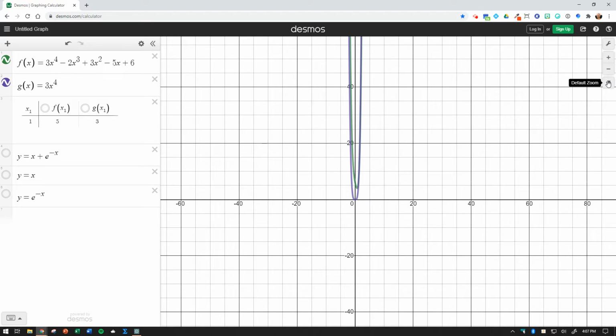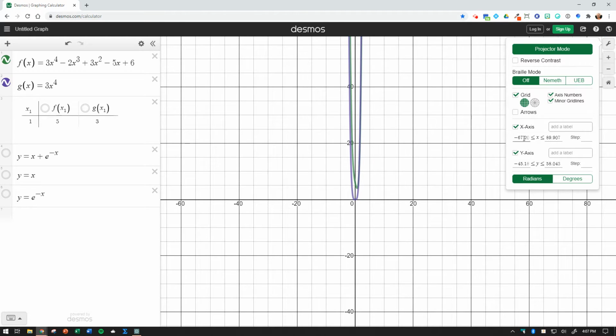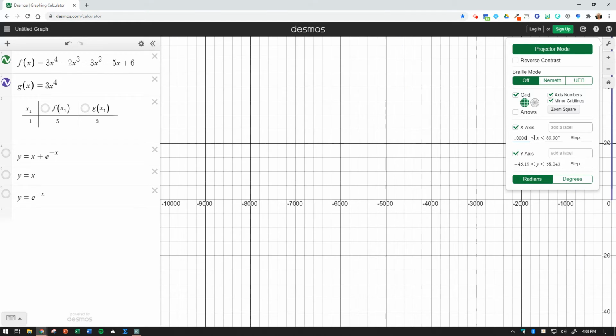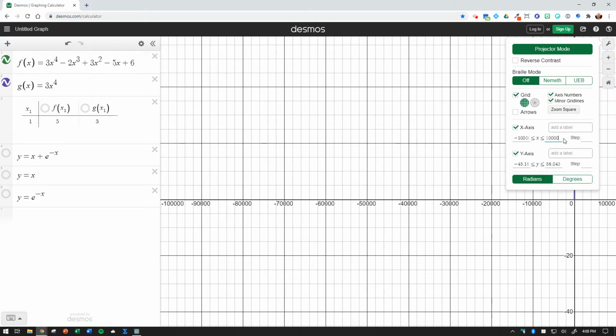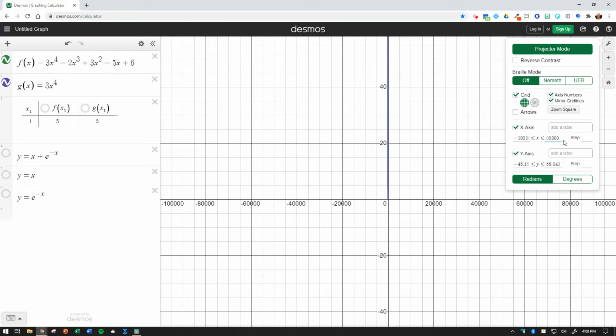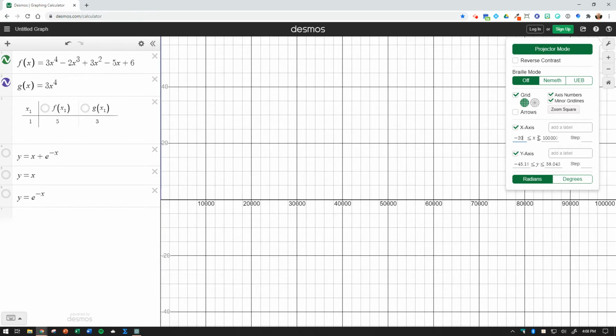And what we can do is change our zoom here a little bit so that on the x-axis, we could go say negative 100,000 over to the right of 100,000. And for the y, let's try negative 20 and positive 20.